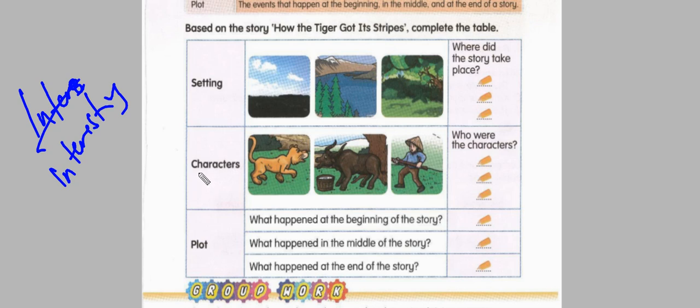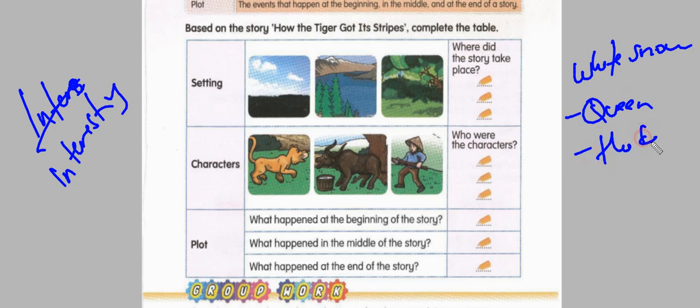So for example, if you write about Snow White, this is your story, the characters maybe you have the queen, the knight in shining armor, the clumsy horse, and so on. So you have to decide who's going to be your character.